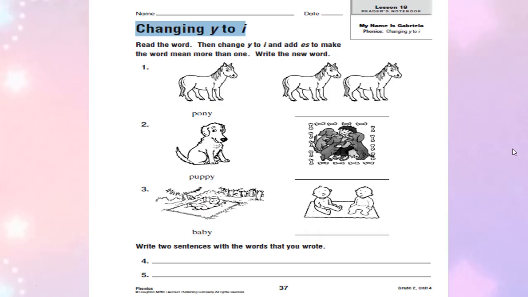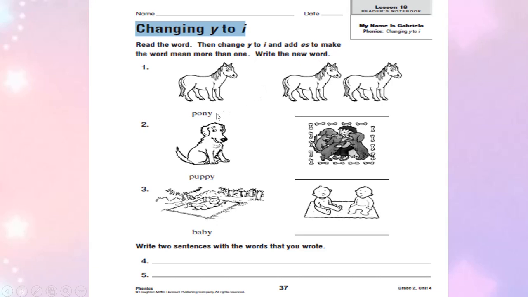Now please open page 37. Let's read the directions. Read the word, then change Y to I and add ES to make the word mean more than one. This means to change a singular noun to plural. Write the new word.